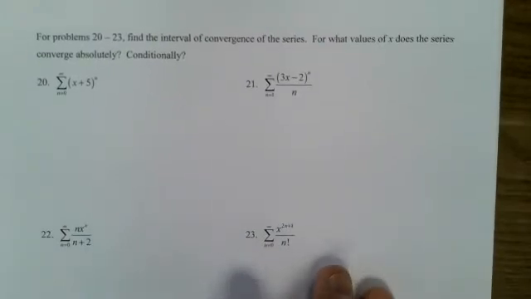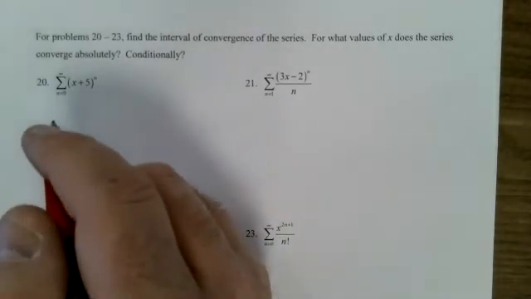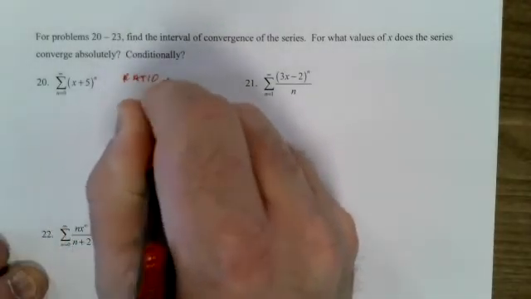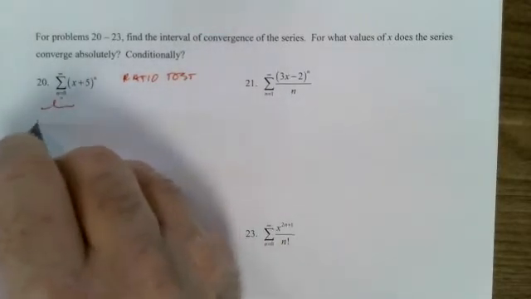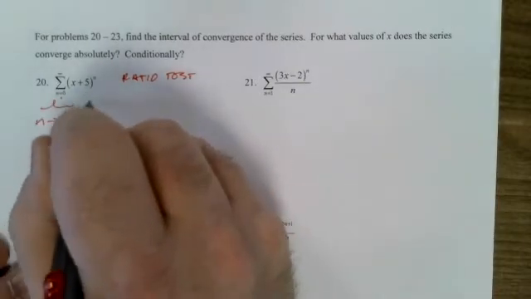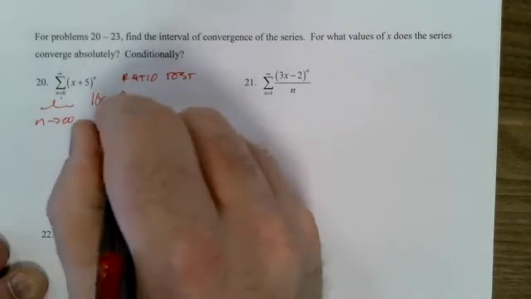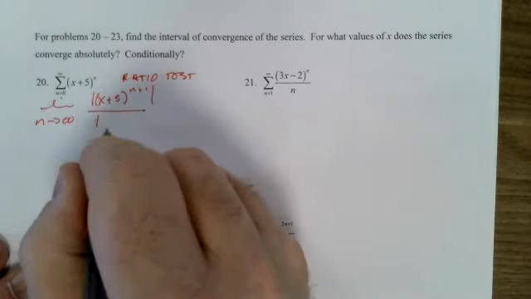Find the interval of convergence of the series, and for which values of x does it converge absolutely or conditionally. All right, so here's, finally, problems that you're really going to see. So we're going to do a ratio test. Limit as n approaches infinity. X plus 5. In my original notes, I forgot the whole absolute value thing, which is upsetting.